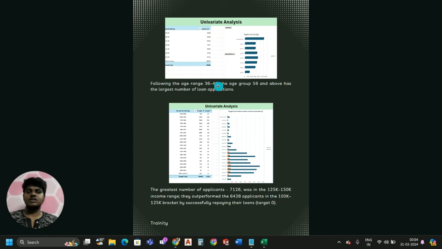Here we can see the age group of 56 and above has the largest number of applicants, followed by the age group of 36 to 40. The income range of 125k to 150k has the highest applicants, followed by 100k to 125k.